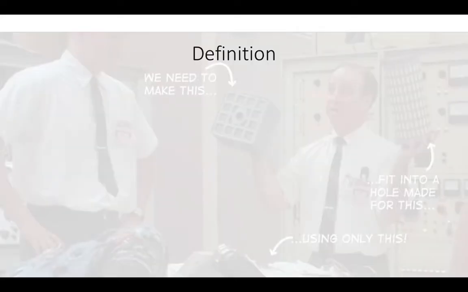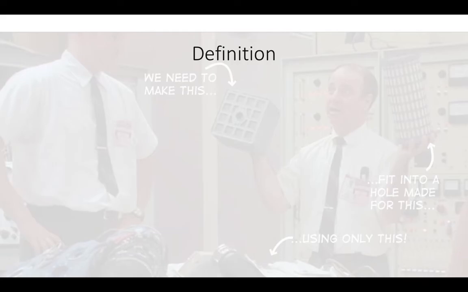On the background of this definition is a clip from the film Apollo 13. It's one of my favorite movie scenes. A bunch of engineers down in Houston are stuck in a room and told to deal with a problem up on the lunar module of the Apollo 13 spacecraft.